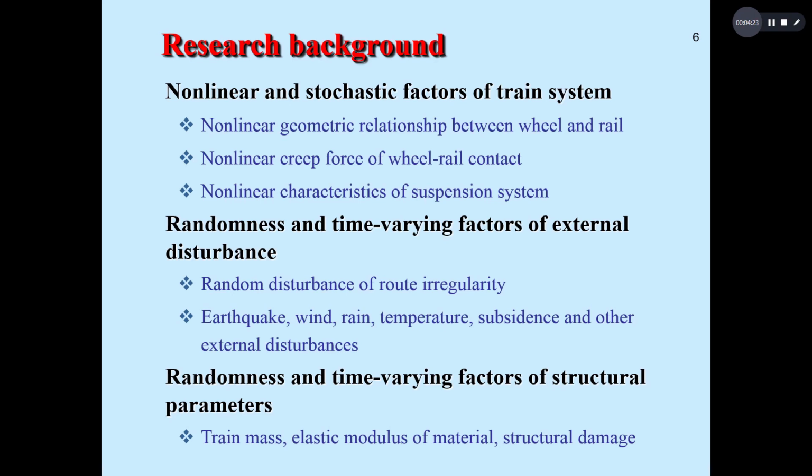For example, the strength of the materials will decrease when the service time increases, and the elastic modulus of the materials will also change in special environments. In some very cold regions, the freeze-thaw cycle damage will cause a decrease of the elastic modulus of the material.